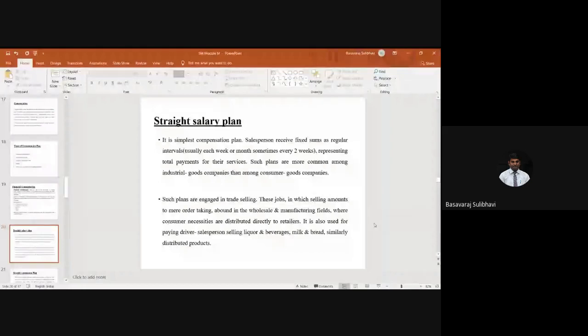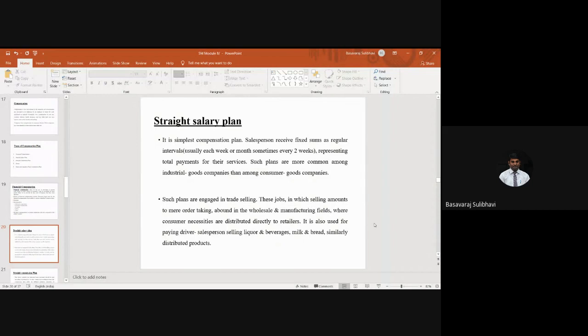Now see, these types of straight salary plans are going to be used more in this type of selling, where the job of the salesperson is to manage the channel partners and make them push their products in the market on behalf of the company. Their job is to manage the channel and see to it that all the channel people are motivated and push the products in the market.